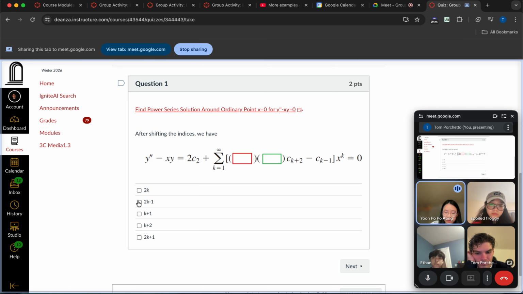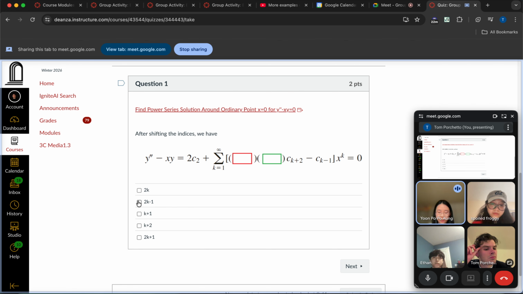Then I take the derivative of the first derivative again, and in series format I get the summation of n equal to 2 of Cn times n times n minus 1 times x to the power n minus 2. Then I can rewrite those into my equation.